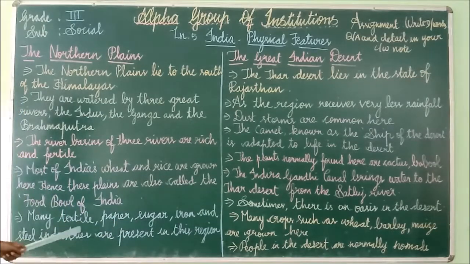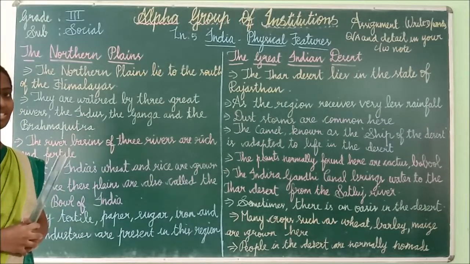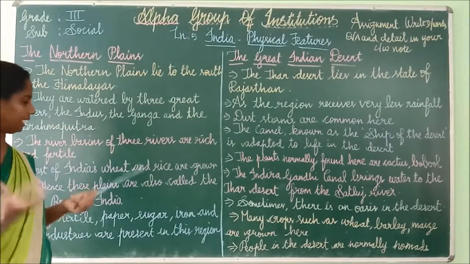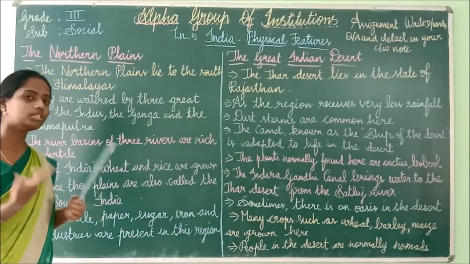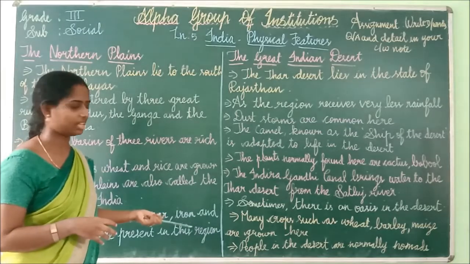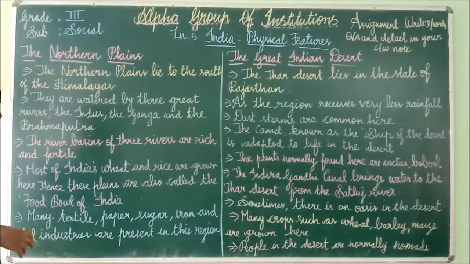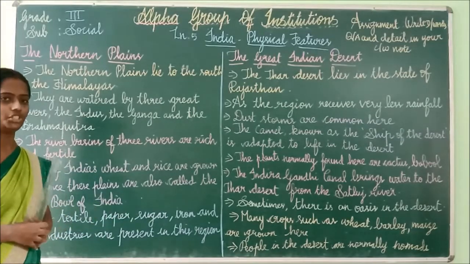Many textiles, which means we are wearing many different types of clothes, isn't it? Paper, you all know what paper is, right? You all know about sugar also. And then iron, you all know what iron is. And steel industries are also present in this region only.